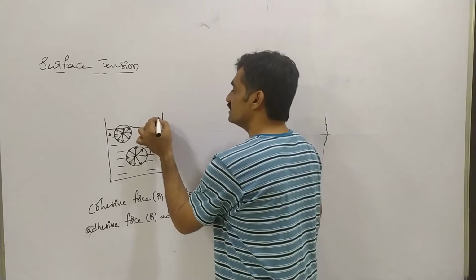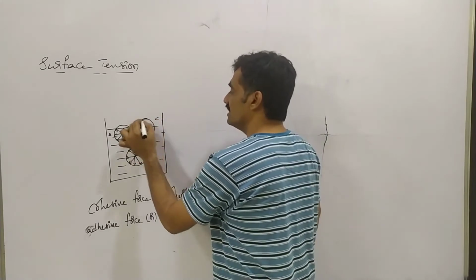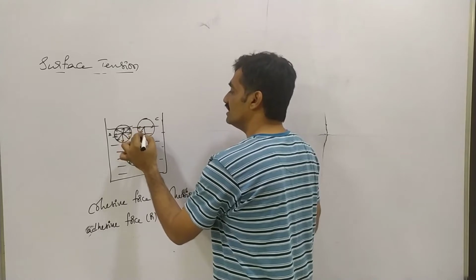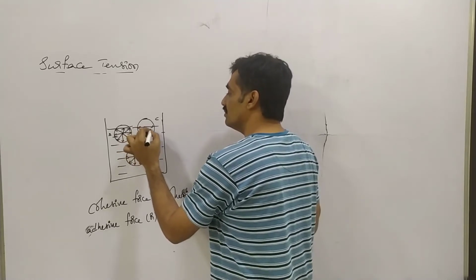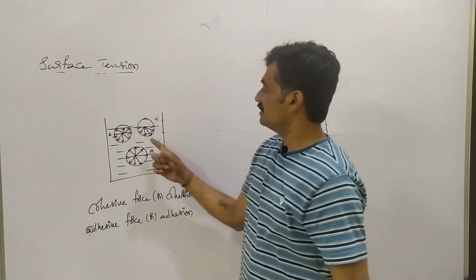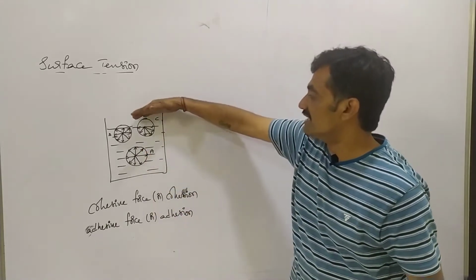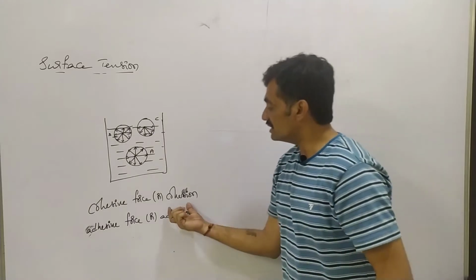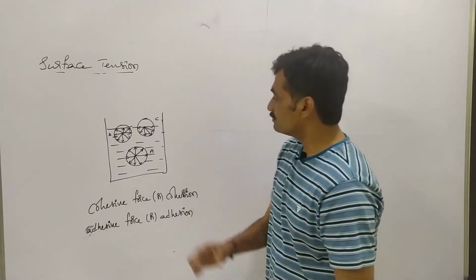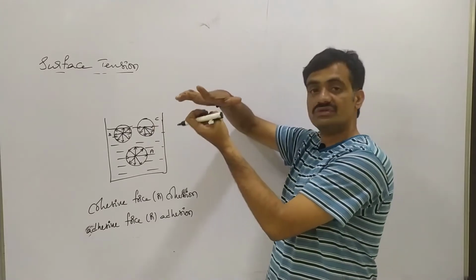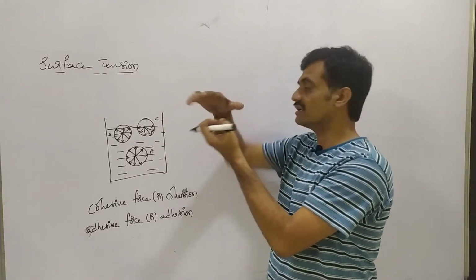When we consider the third molecule, the force of attraction on it is due to the liquid as well as due to air. When we neglect the air medium, because we are discussing the cohesive force, it experiences a force in the downward direction.